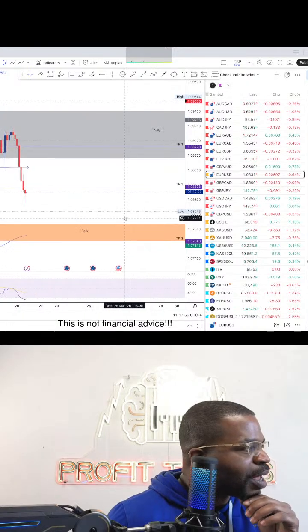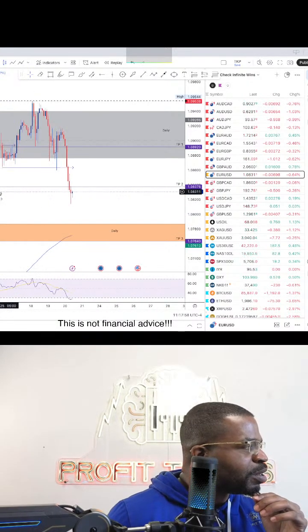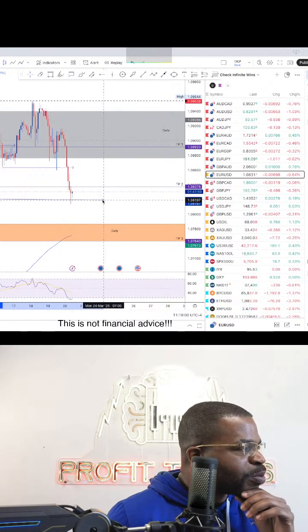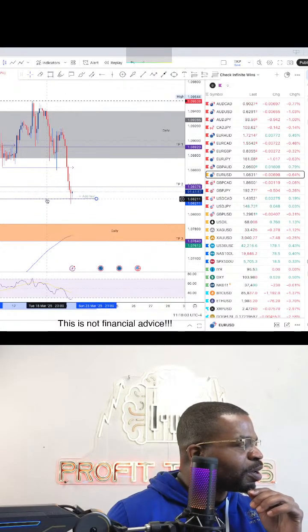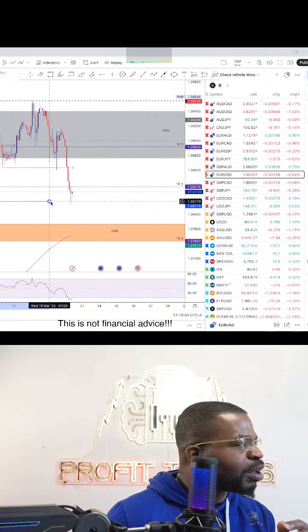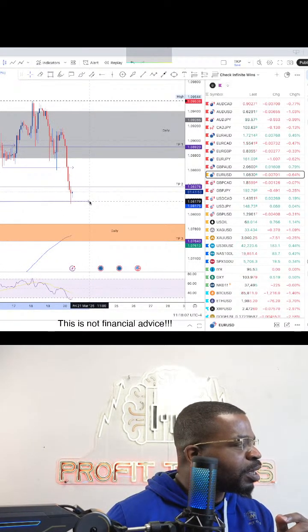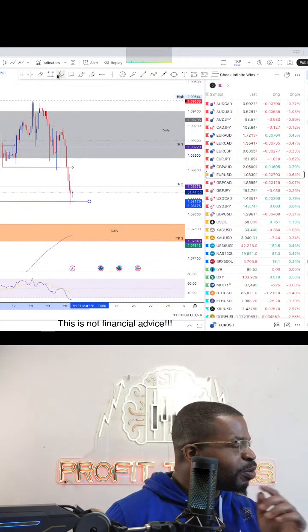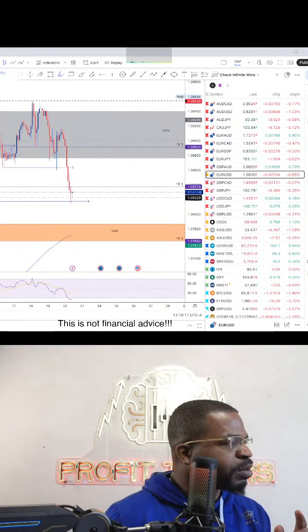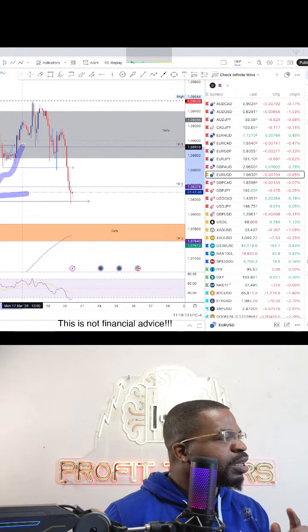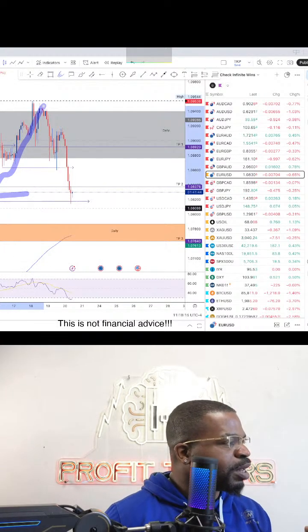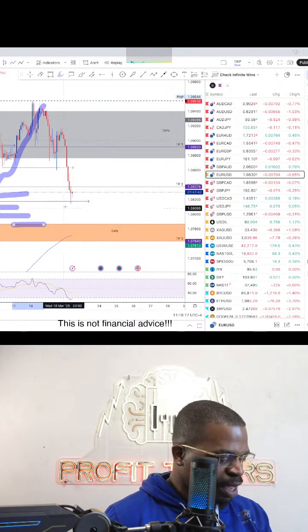So our last target right here on Euro USD, we want to see price break beneath these lows. Again, I tell you guys, when you see these lows forming up like this in the market, the traders that took the trade going in the opposite direction, right? So right now, the opposite direction would be up. All of their stop losses are right here.